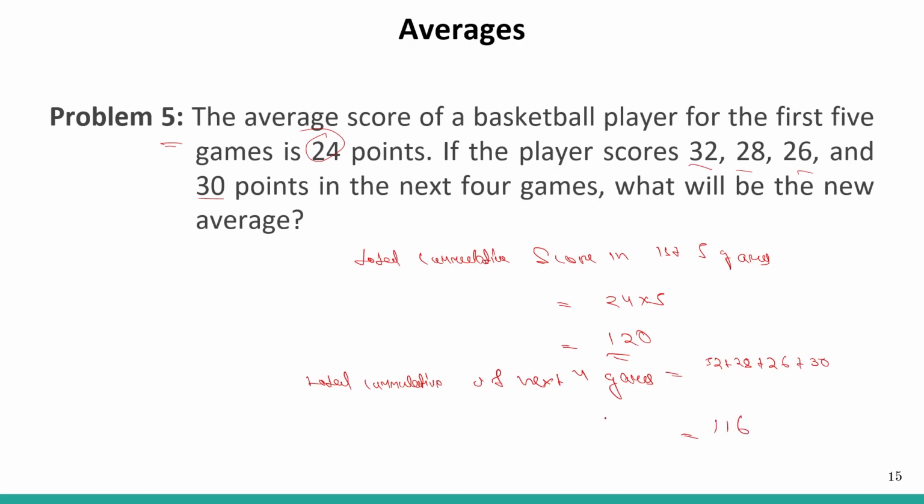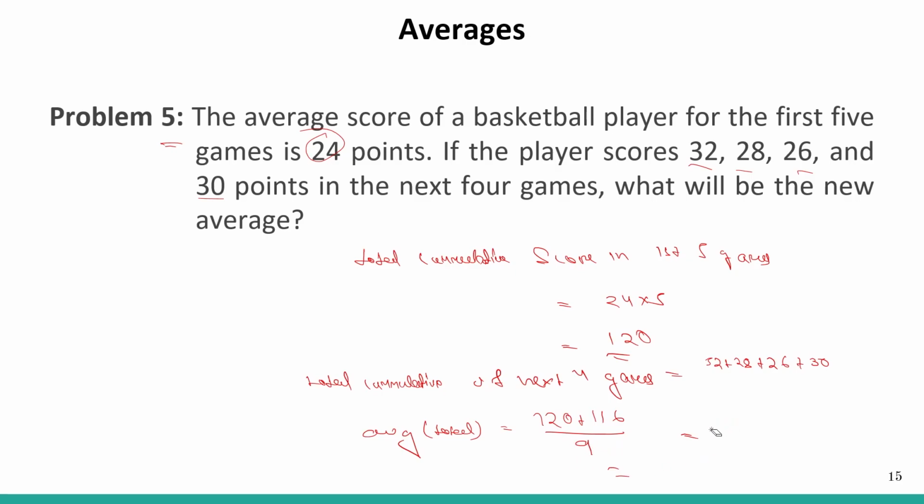Okay, 116. So the total average, including all these 9 games, is equal to what? 120, the total cumulative of the first 5 games, and the total cumulative of the next 4 games, that is 116, whole by 9, right? That is 5 plus 4.